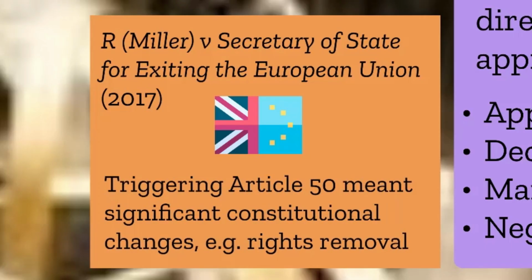And Gina Miller essentially challenged this, saying that this undermines parliamentary sovereignty. Only Parliament can make or unmake laws in the UK. And therefore, by using royal prerogative to go around Parliament, you are doing something that's unconstitutional. And essentially the House of Lords actually decided in her favour, because by leaving the European Union, it would give the UK government the chance to unmake and undo rights and laws that were enacted upon the UK via its membership to the European Union.